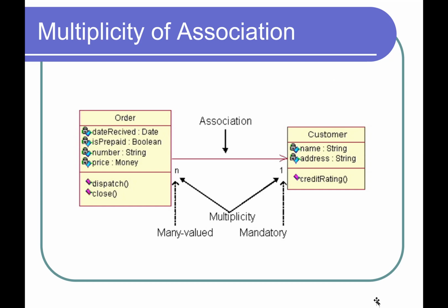Now, on the other hand, every order has a maximum of 1, but also a minimum of 1 as well. In other words, there's no such thing as an order without a customer. So sometimes it's good not to have that 0 in there. It just doesn't make sense that there's an order without a customer.